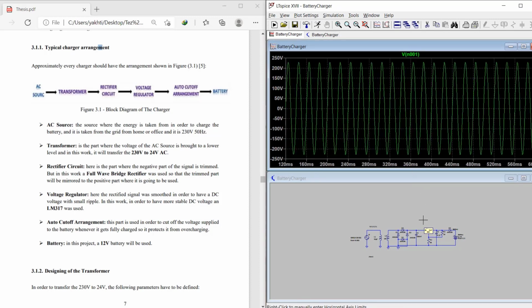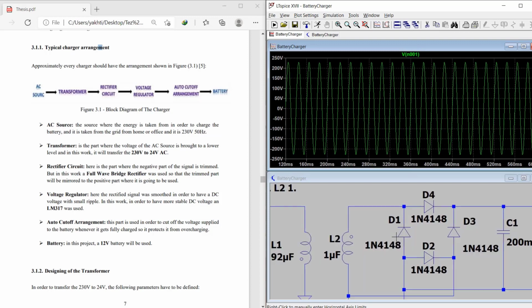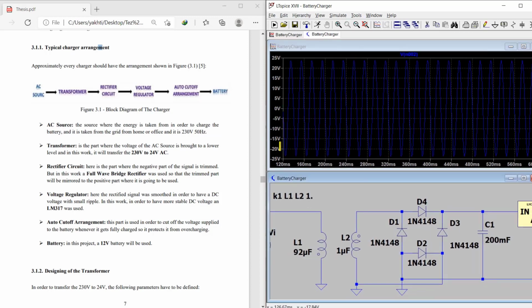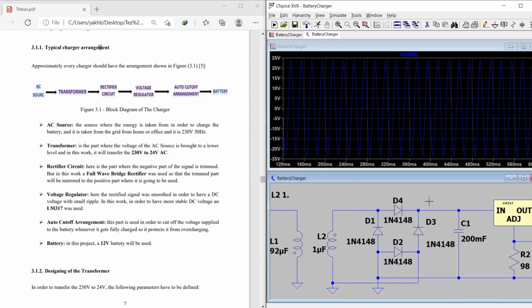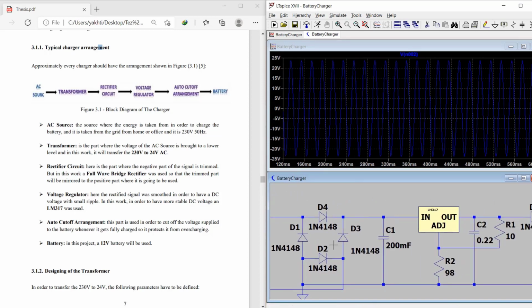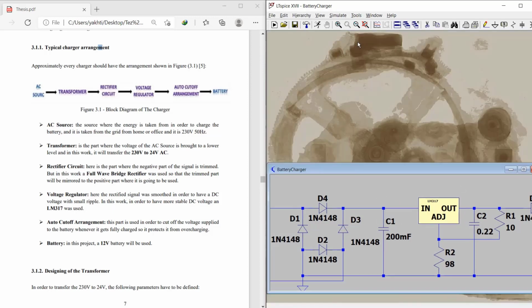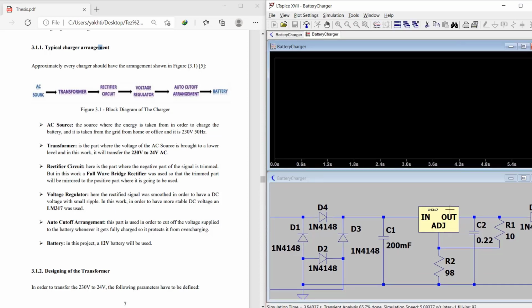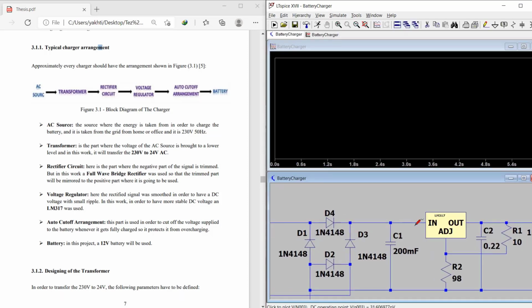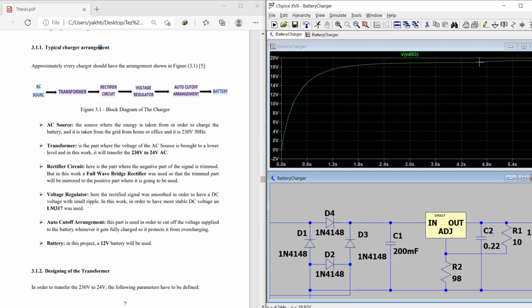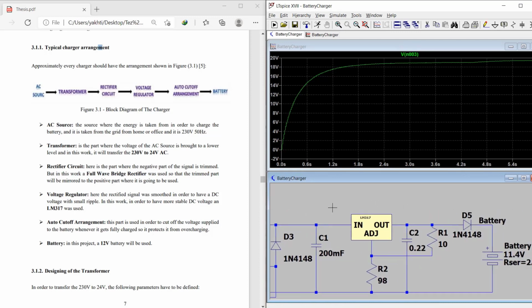Here 230 volt, and in this part, after feeding it to a transformer, we convert it to a 20 volt signal, and after that we are feeding it to a full bridge rectifier with a smoothing capacitor, and in the output we are gonna see that the sinus signal that is coming out from here has somehow become a DC signal. After that, we just have a stable output here.